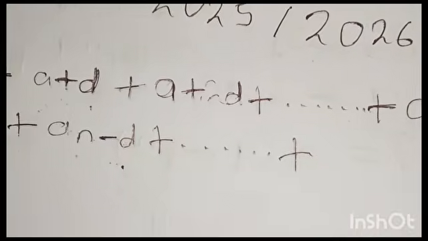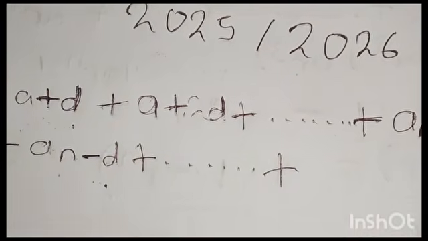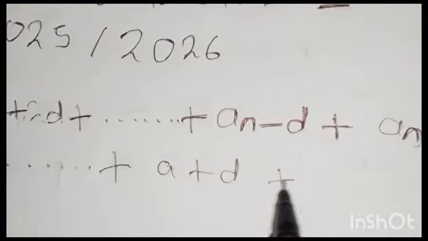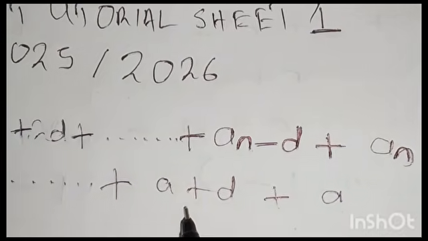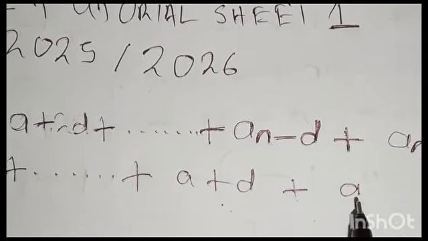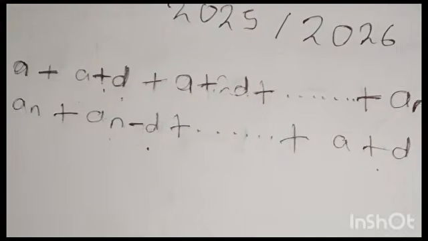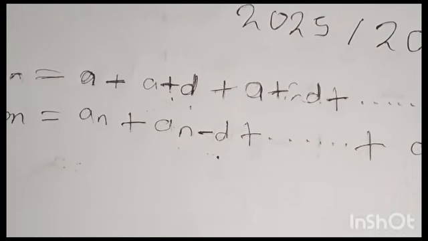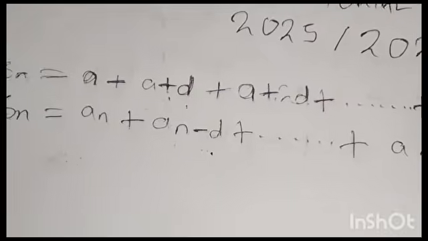Then plus the second term, which is A plus D, then plus the first term, which is A. So now when adding, you can add the first term and the last term, the second term and the second from last.